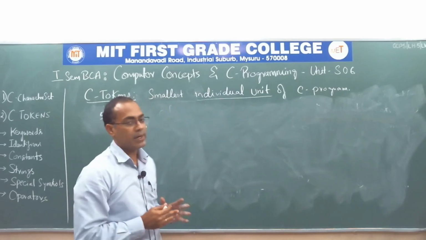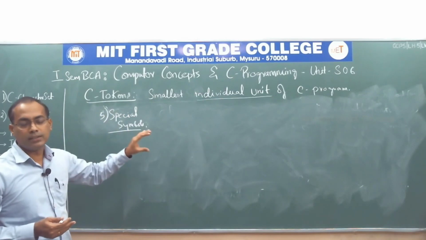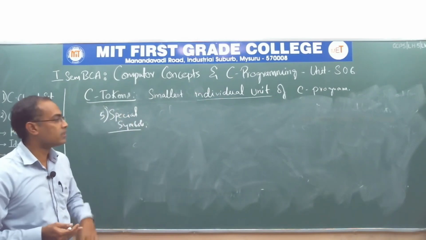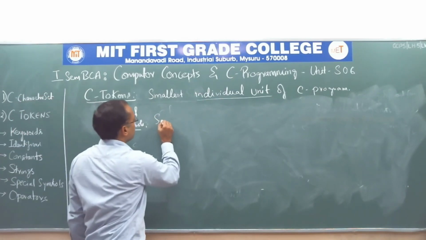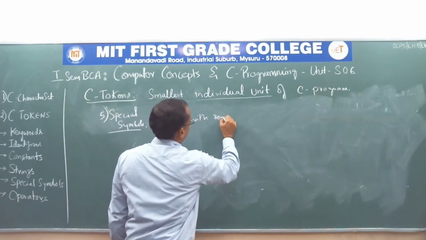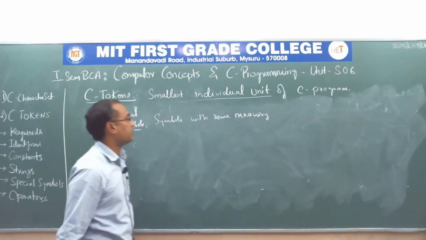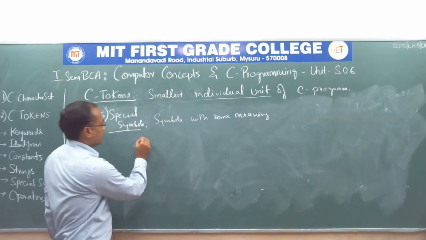In C tokens, we call some of the symbols special symbols because these are symbols with some meaning specified by the C compiler. What are these symbols?